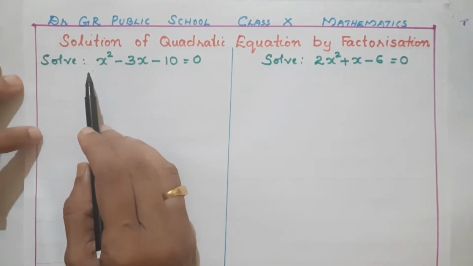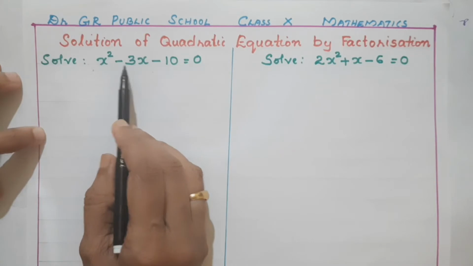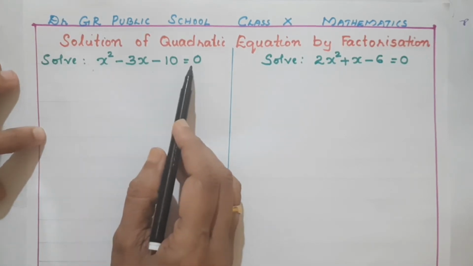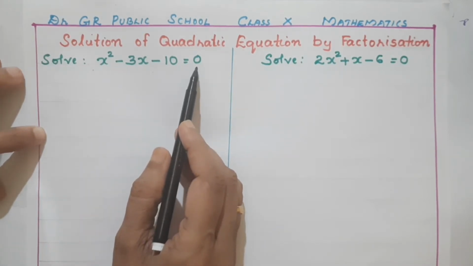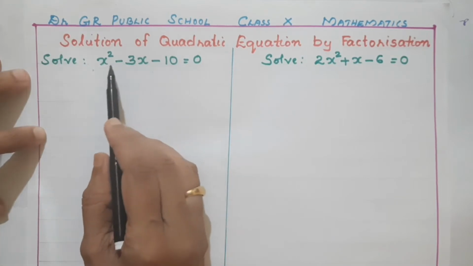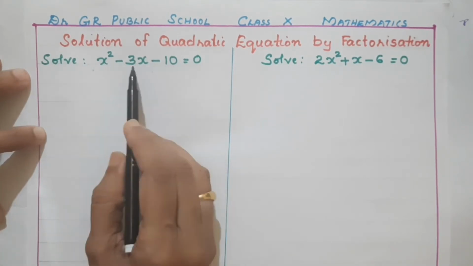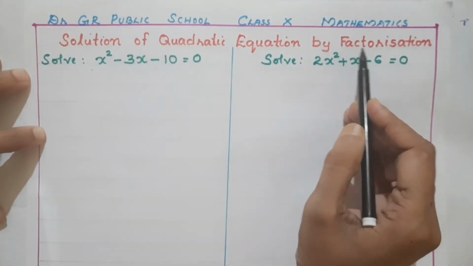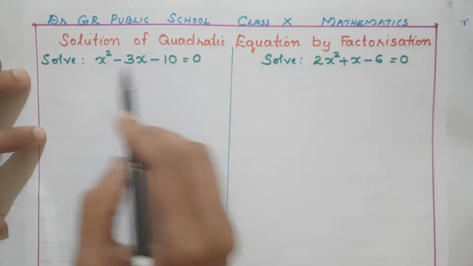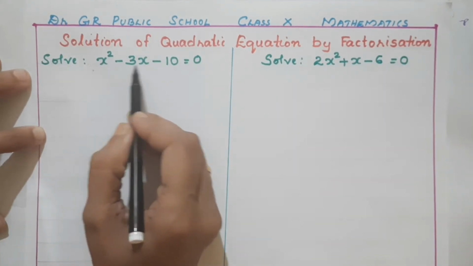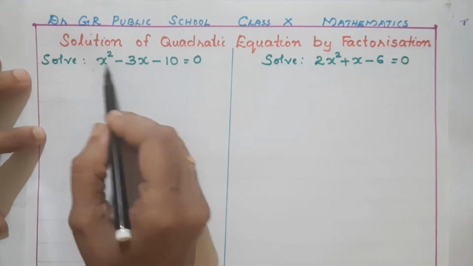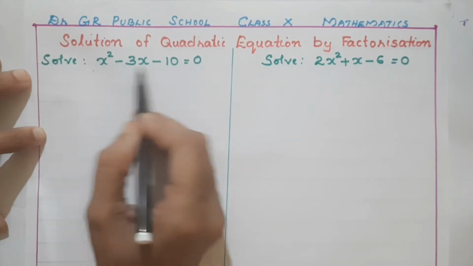Okay children? So here is the first question. X square minus 3x minus 10 equal to 0. We have to solve this equation by using factorization. That means we have to factorize this polynomial. Left hand side we have polynomial.